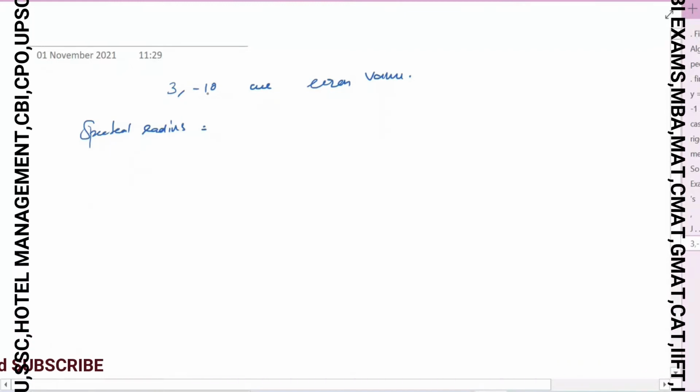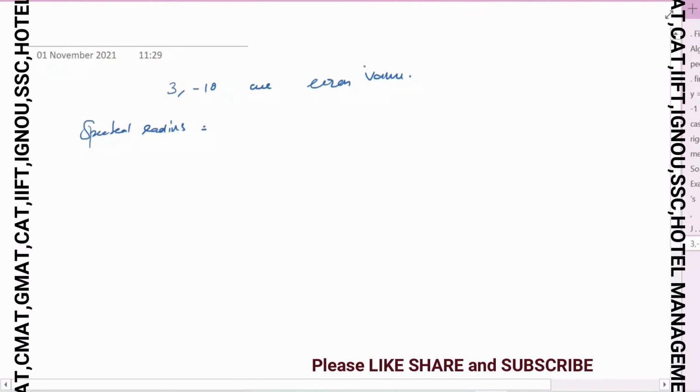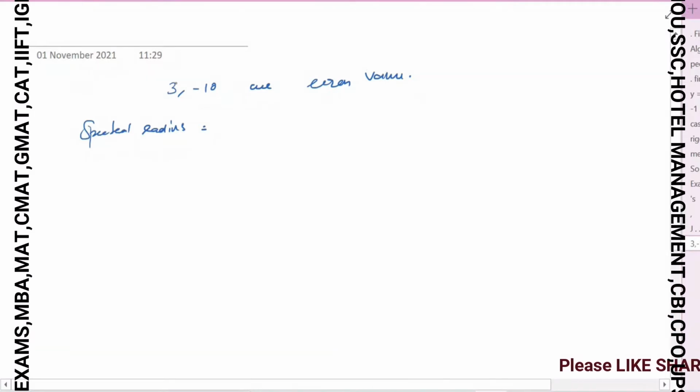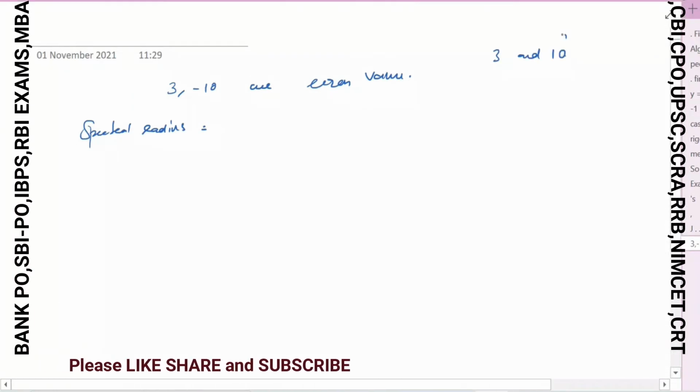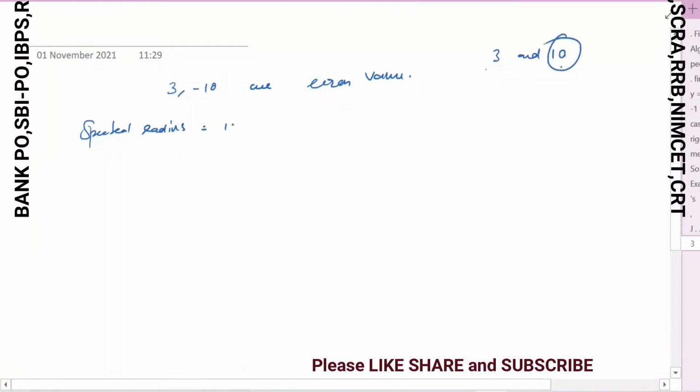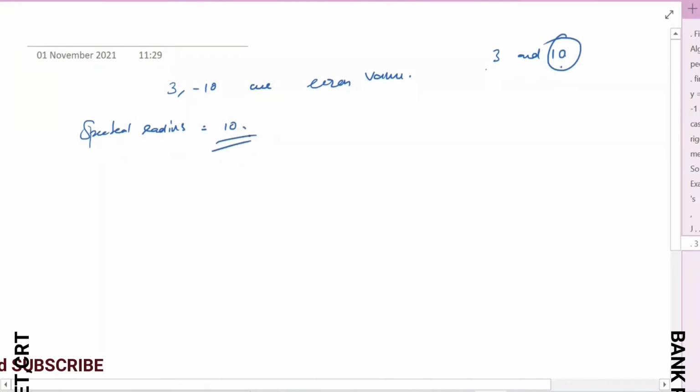Take the absolute values of the eigenvalues. Absolute values means the magnitude, the modulus of the eigenvalues, which are 3 and 10. Take the maximum of 3 and 10, which will be 10. So 10 is the spectral radius if 3 and minus 10 are the eigenvalues.